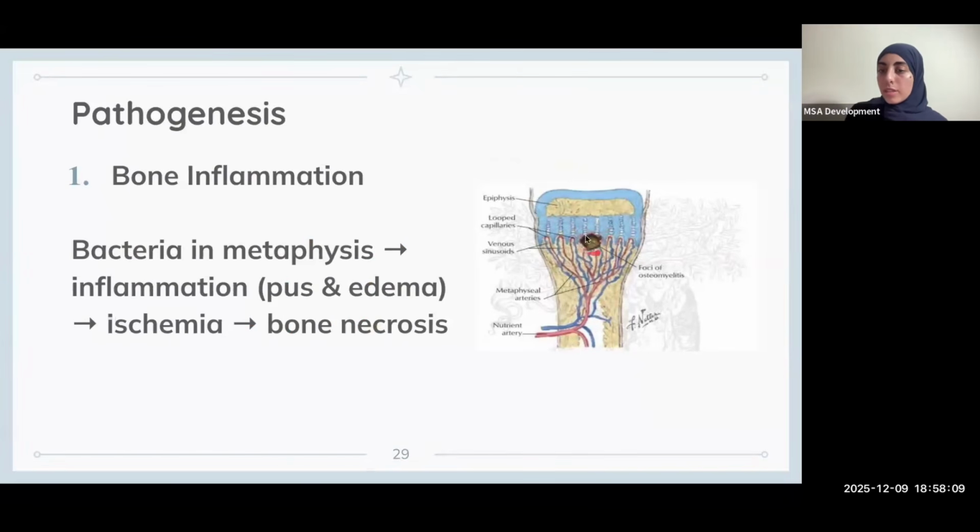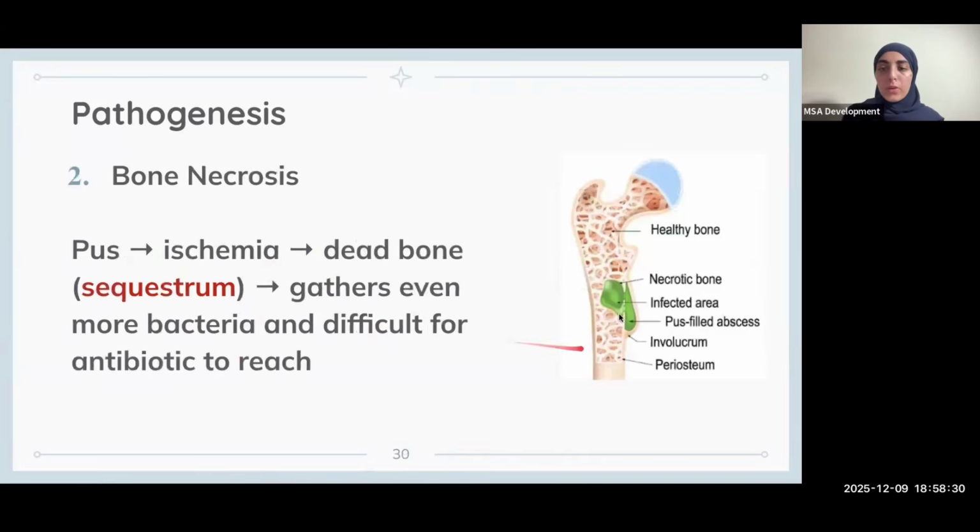The bacteria is now inside the bone, in the metaphysis, and it's going to release all of its cytokines and enzymes and induce inflammation. When there's inflammation, there's going to be pus and edema. And just like we saw in septic arthritis, all the pus and edema is going to cause ischemia. This ischemia is going to lead to bone necrosis. So the next step is bone necrosis.